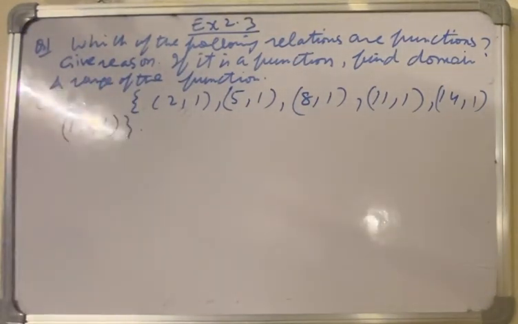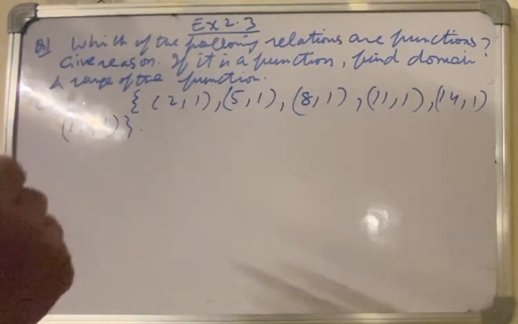Now we have seen that the first elements of every ordered pair are different, and every first element has an image.